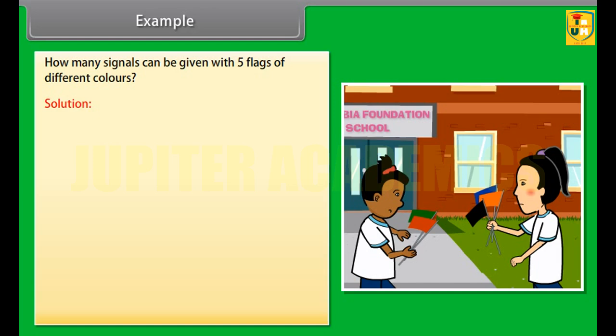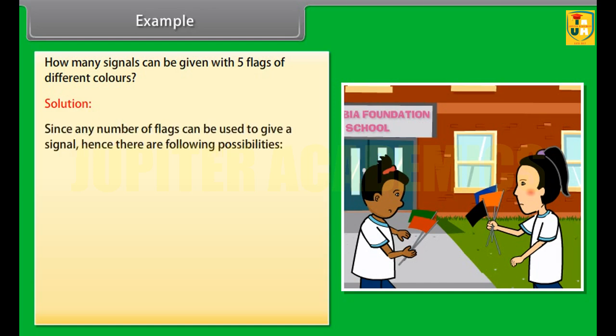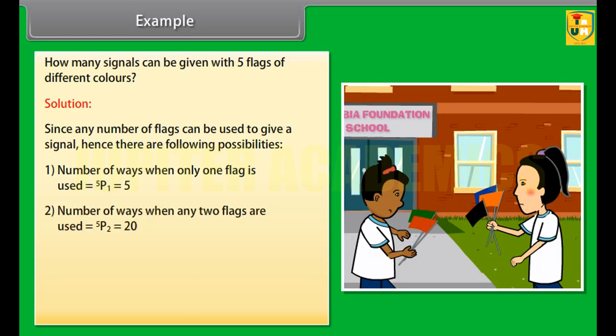Solution. Since any number of flags can be used to give a signal, hence there are following possibilities. 1. Number of ways when only one flag is used is equal to 5P1 is equal to 5. 2. Number of ways when any 2 flags are used is equal to 5P2 is equal to 20. 3.